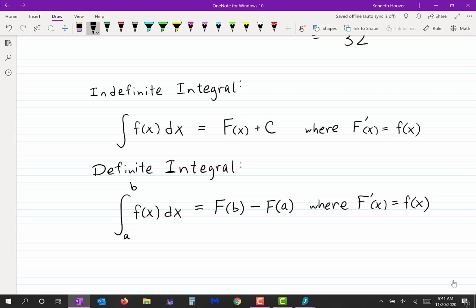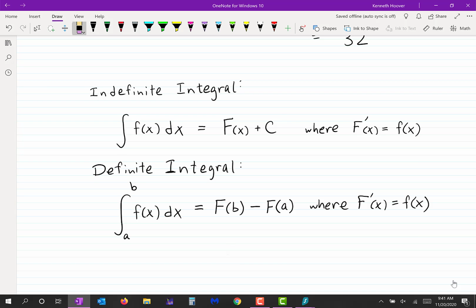Now, I'm not going to explain to you in this lecture why this tells you the area under the curve. We'll do that in the next lecture. But for now, I just want to practice using that.